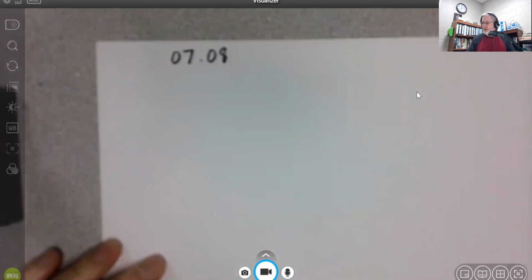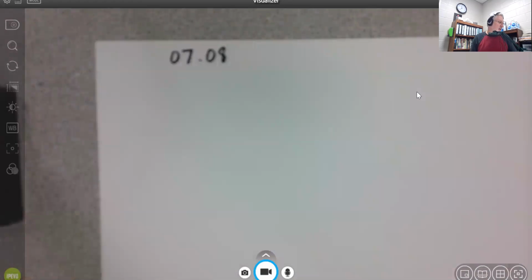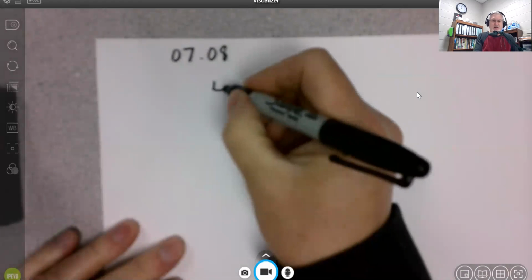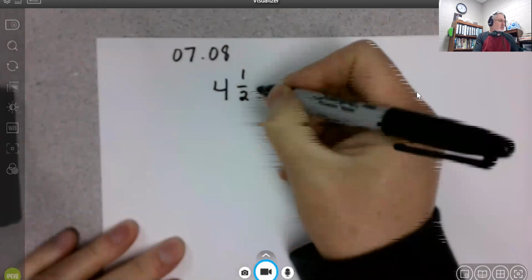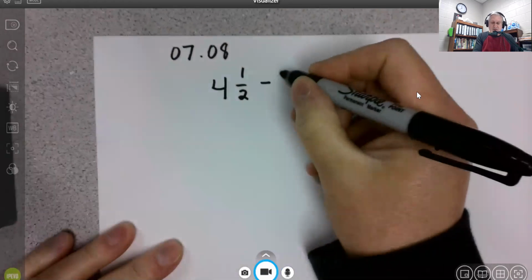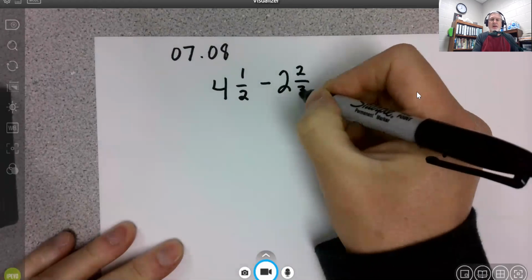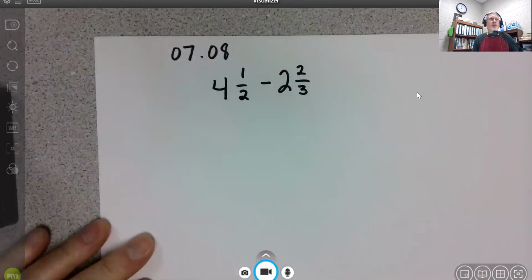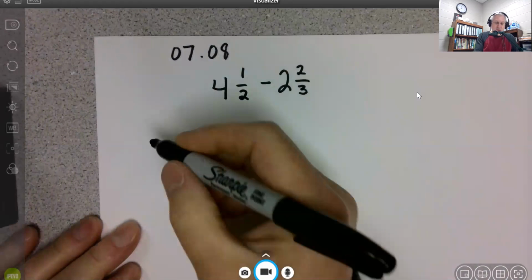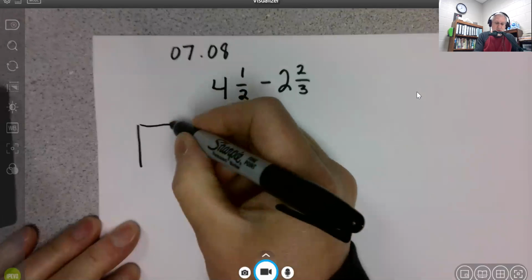I'm trying to get that focused. And so the first problem we're going to work on is 4 1/2 minus 2 2/3. Okay, so we're going to draw 4 wholes.